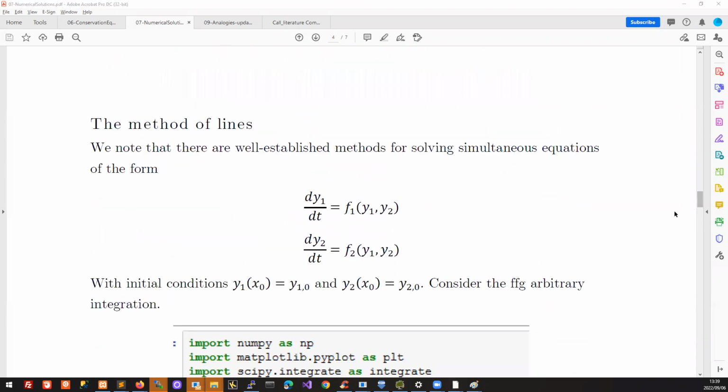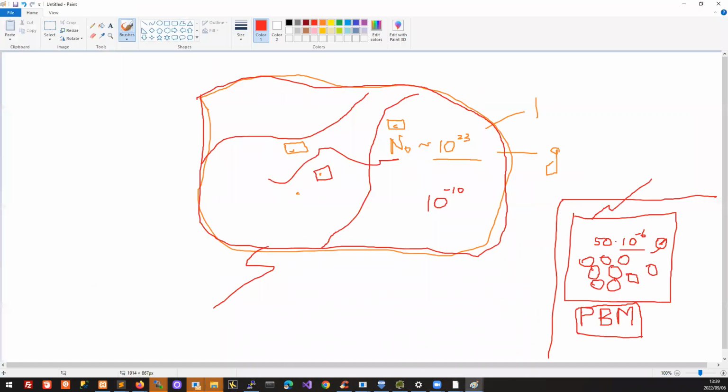So the rest of it I won't explain too much, just to sketch out the way we solve these equations. You can imagine, for example, it's c and x, and we are solving some equation where dc/dx is some function of c and x.